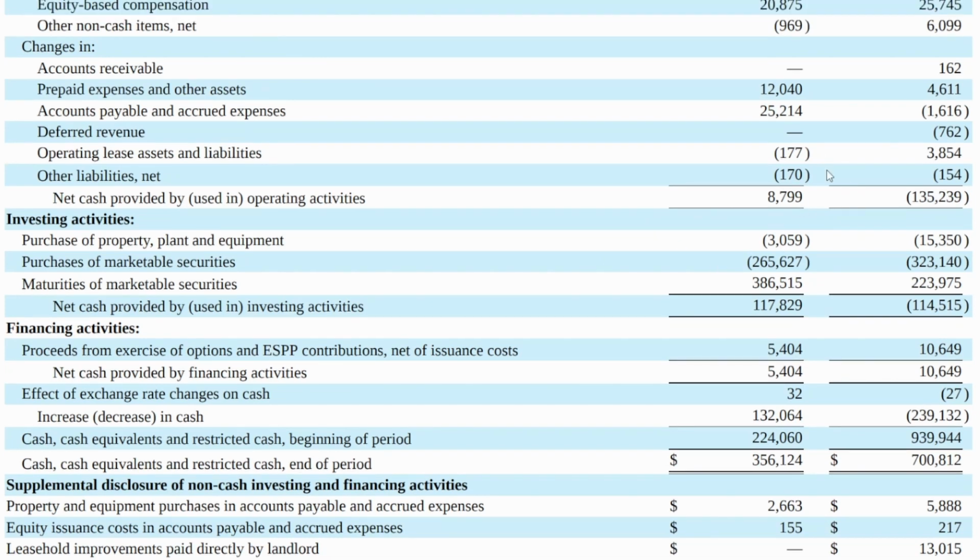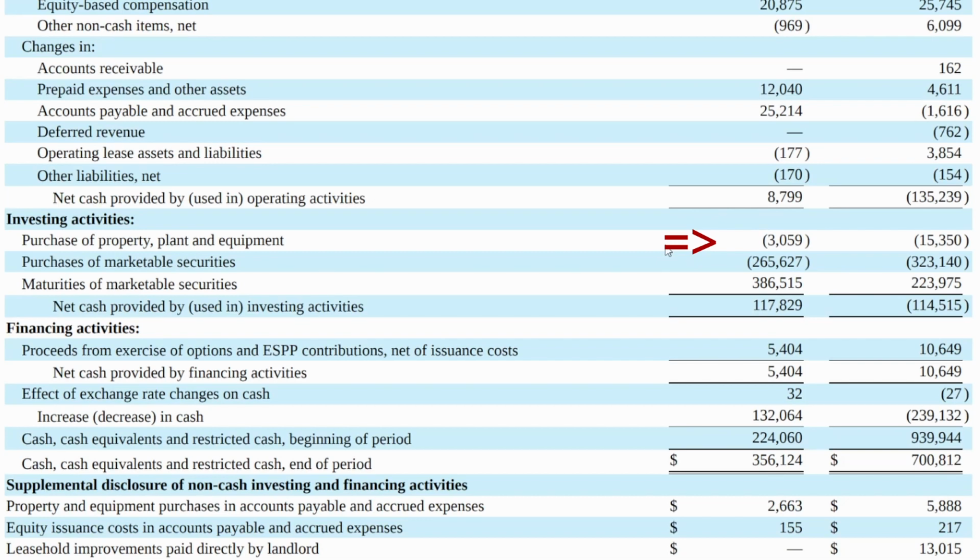So what I'd like to do next is take that $8.8 million that we got from operating activities and subtract the $3.06 million we spent on CapEx, and that's how we arrive at free cash flow.